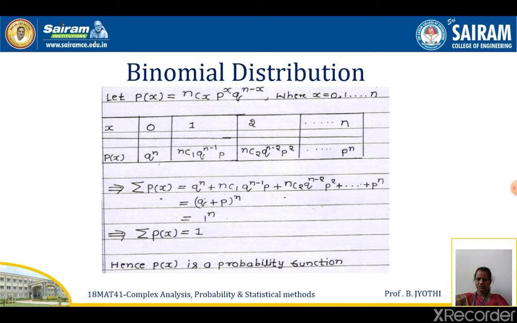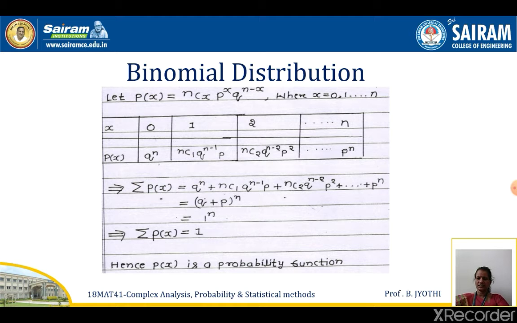Binomial distribution: let P(x) = nCx p^x q^(n-x), where x = 0, 1, 2, ..., n. The corresponding values of P(x) when x takes the values from 0 to n are as tabulated below. When x is 0, P(x) is q^n.